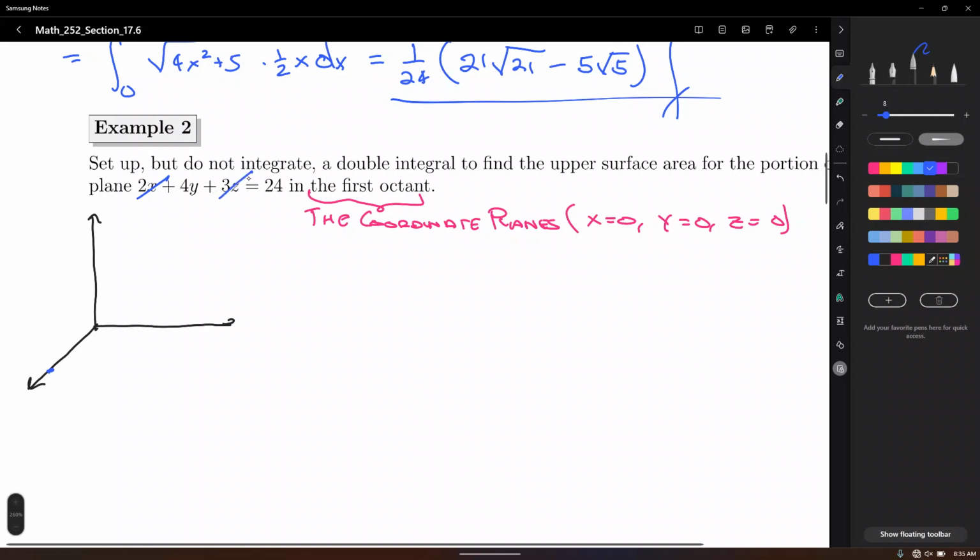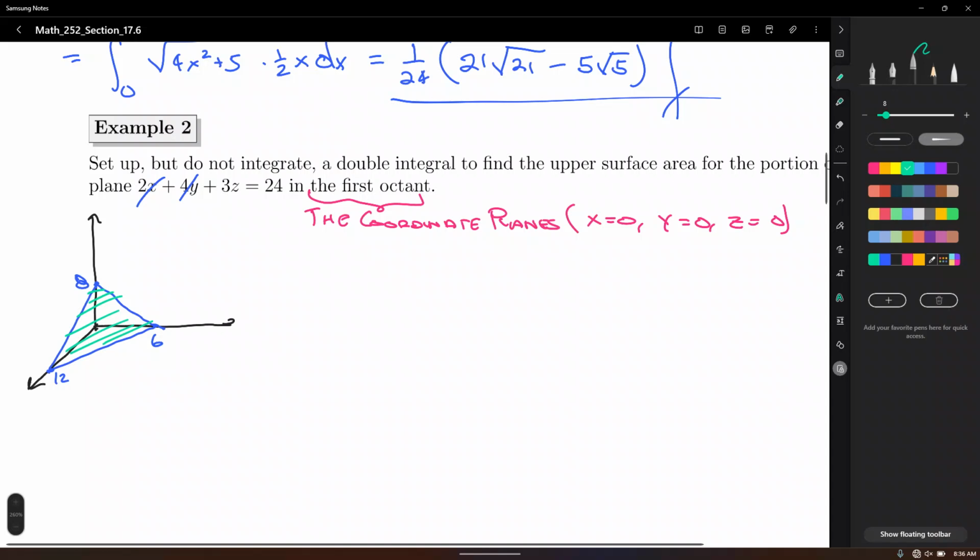Make x and z equal to 0: 24 over 4, that's 6. And make x and y equal to 0: 24 over 3 equals 8. So that's going to give us the plane roughly. So that's the surface area we're finding, the area of that little triangle.